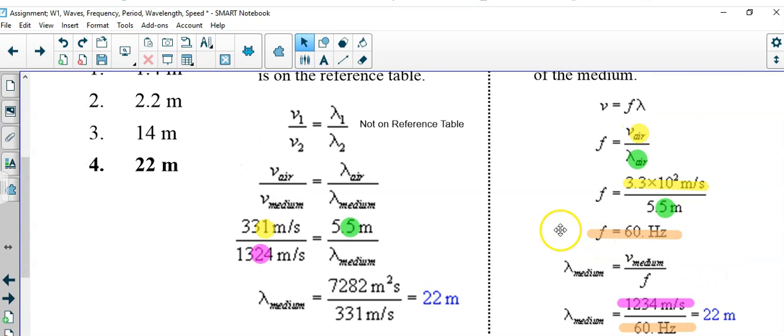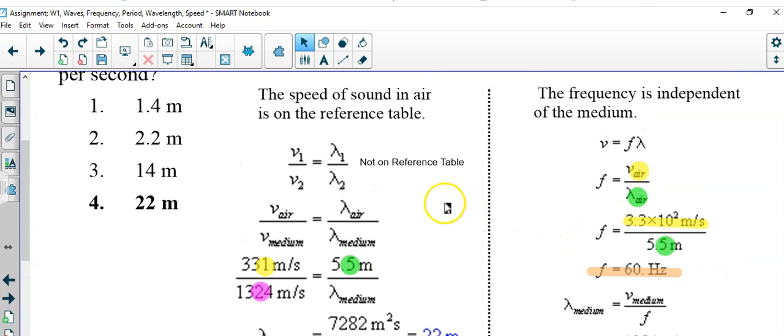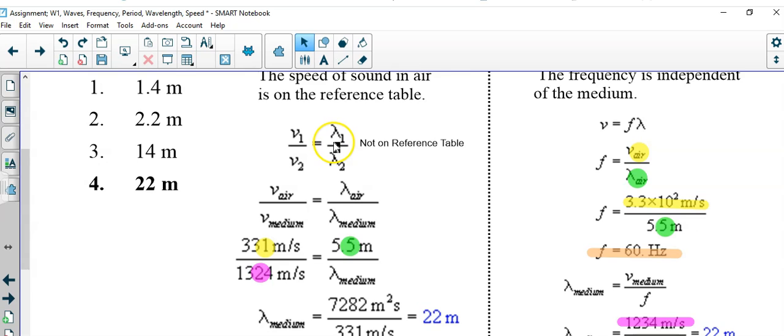Alright? Now there's another way to solve this problem. The speed of sound in air is on the reference table, as you know, and we simply compare the speed in the first material to the speed in the second material as a ratio equated to the wavelength in the first material to the wavelength in the second material. Now this little formula right here is not on the reference table, but it's not too hard to figure out this comparison.